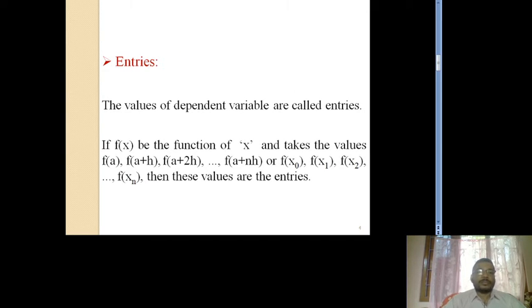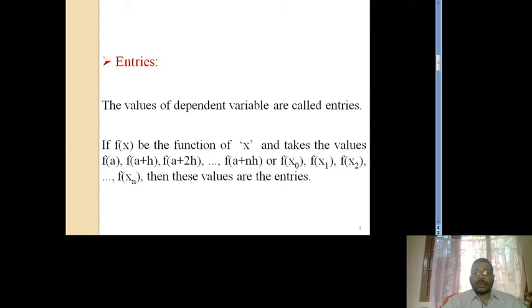Then entries. The values of the dependent variable are called entries. If f of x be the function of x and it takes the values f of a plus h, f of a plus twice h, f of a plus n h, then these are the values of the dependent variable, that is, these are the entries for the independent variable when it takes the values with equal width of intervals.